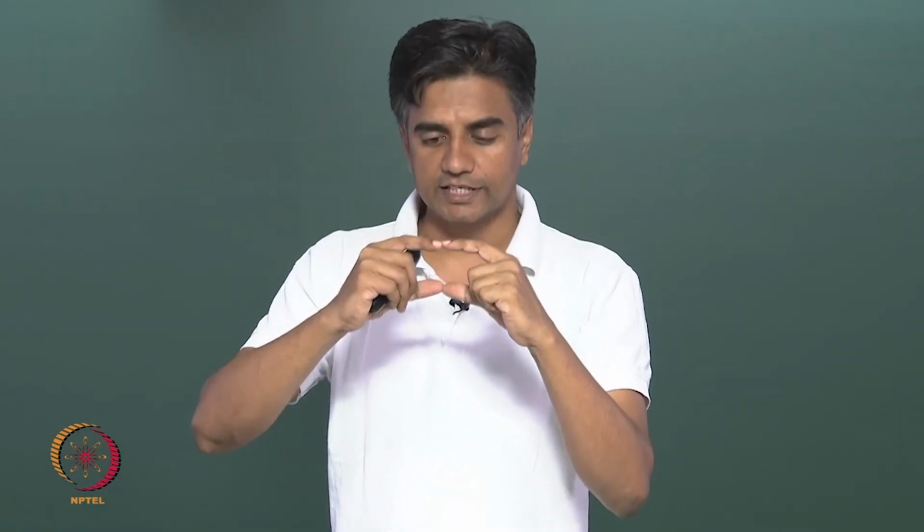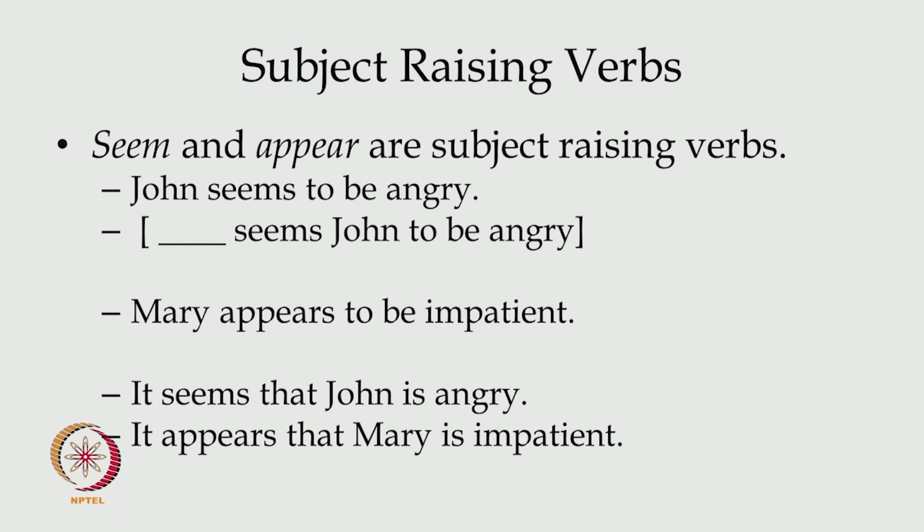For example, let's look at it this way. A sentence is an IP. In a sentence, we have an NP and VP. So in the sentence, John seems to be angry, the NP is John and the VP is seems to be angry, right? Within that VP, we cannot have another VP. The only thing that we can have is an IP.